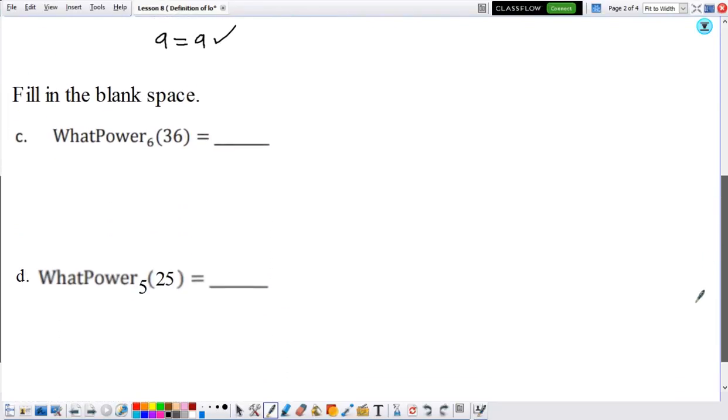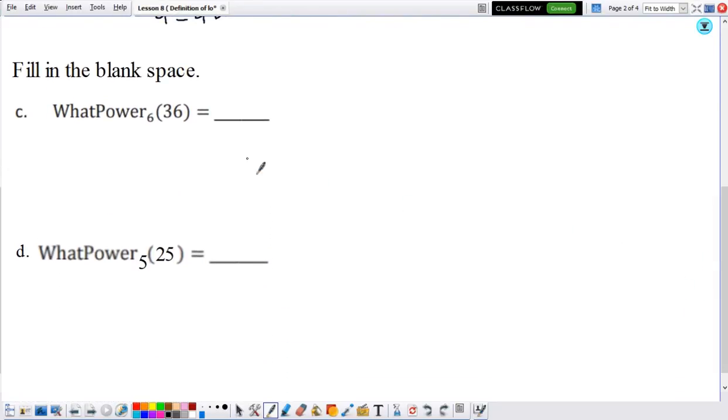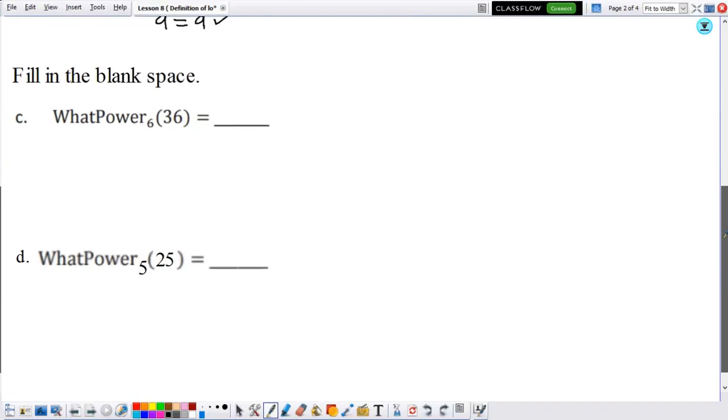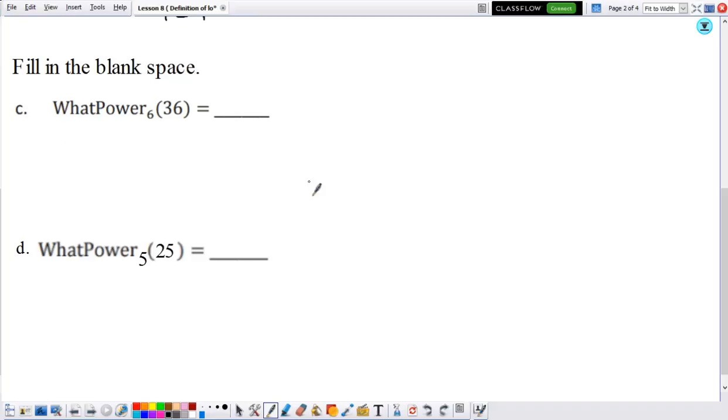Now, let's try to fill in these blanks. We're still going to use the same idea as we did in A and B. Let's try to fill in example C here. Now, we know that the little number, or the number that is the base, we need to find some exponent, because this is what we want to find out. What is it equal to? So I know that 6 to what exponent does it give me what's inside the parentheses, which in this case is 36.